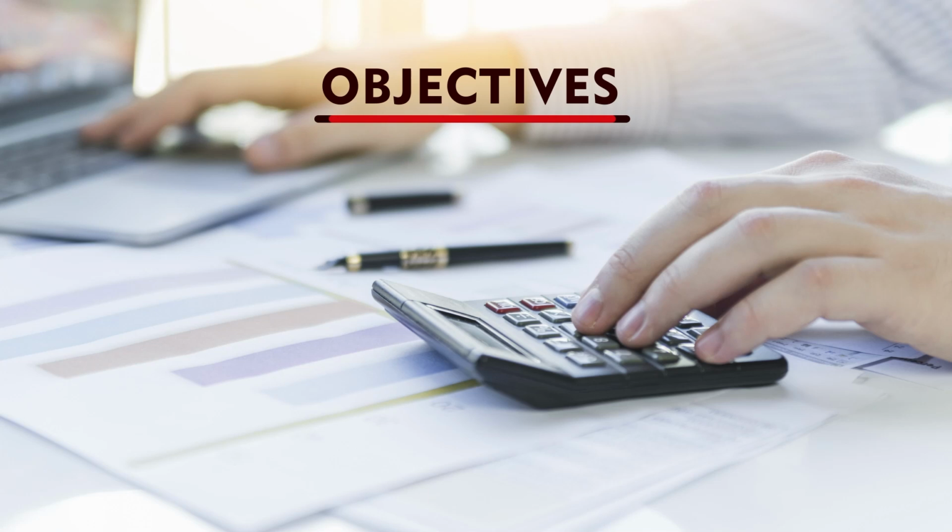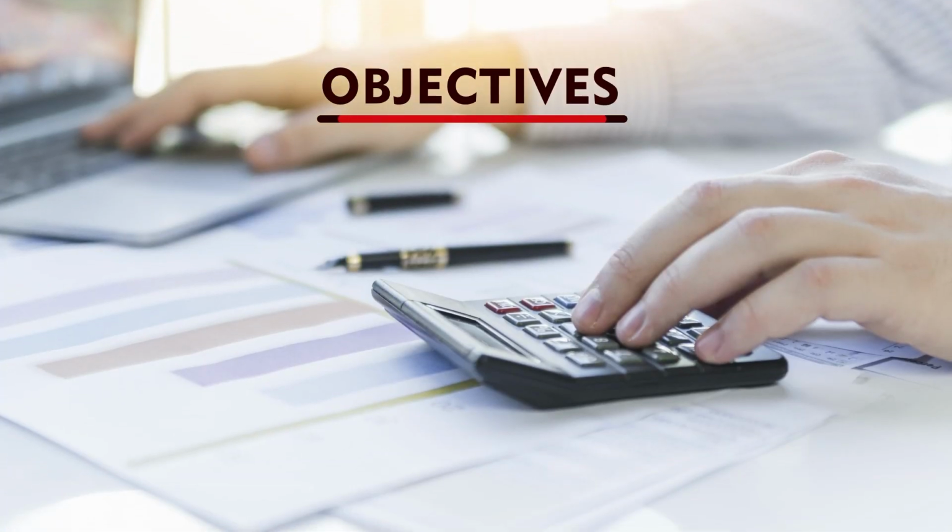Well, friends, when we talk about the objectives of accounting standards, there are many objectives, and we all are well aware that the accounting standards have been introduced in order to bring uniformity, transparency, reliability, and comparability in recording the business transactions and in the preparation of financial statements.